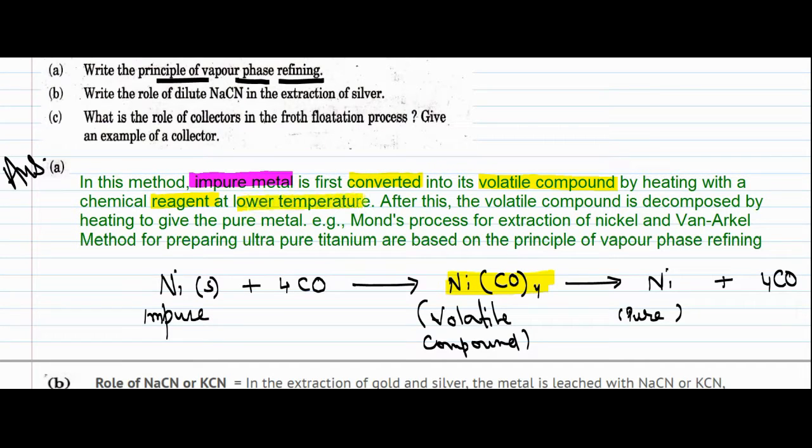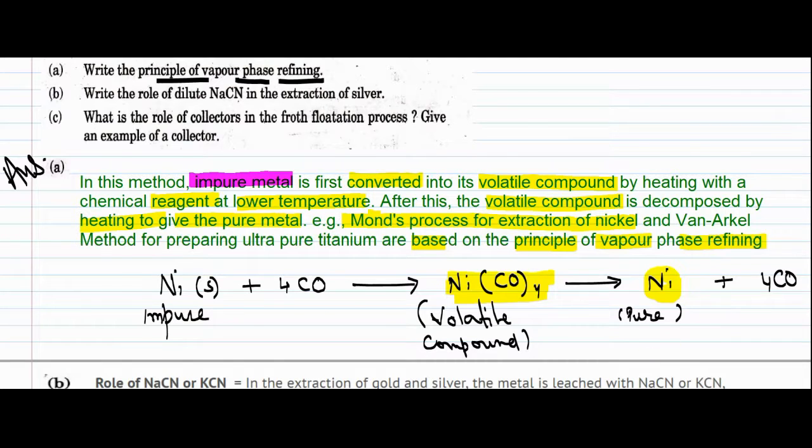After that, volatile compound is decomposed by heating to give pure metal. The Mond process for extraction of nickel is based on the principle of vapor phase refining.